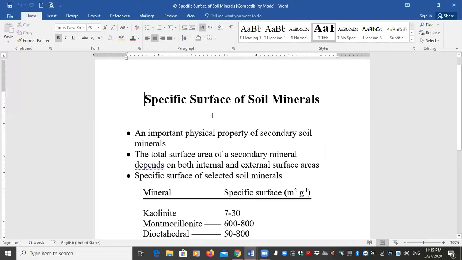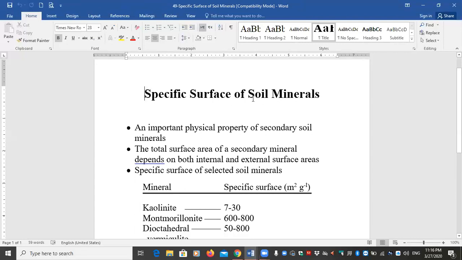Now, when we talk about specific surface of soil minerals, the specific surface is when we take it per unit mass. When we talk about surface area in general, we say low, high, without giving it a number. That's descriptive. If we are going to give it numbers, then we give the specific surface area, which is per unit mass.